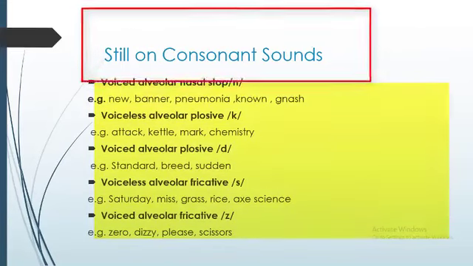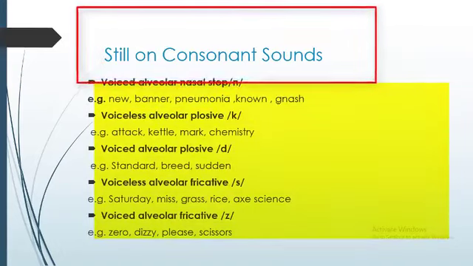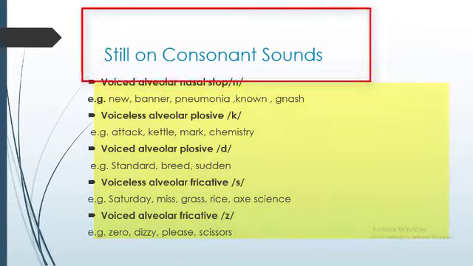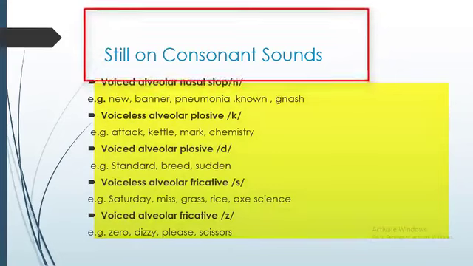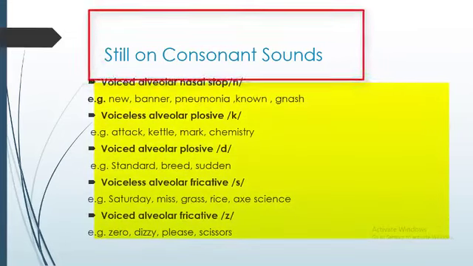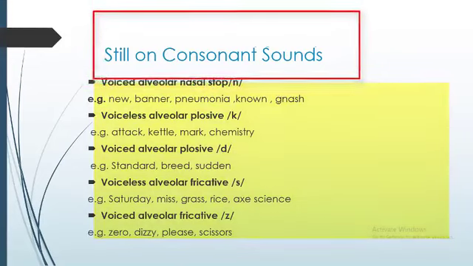We have it in words like standard, breed, sudden. Then we have S. It's a voiceless alveolar fricative consonant sound. We have it in words like Saturday, miss, grass, rice, axe, science.